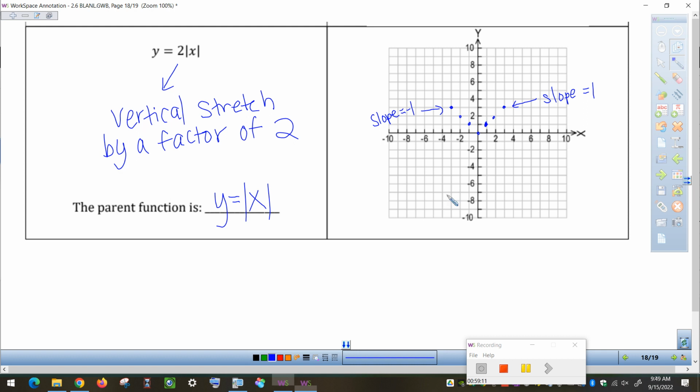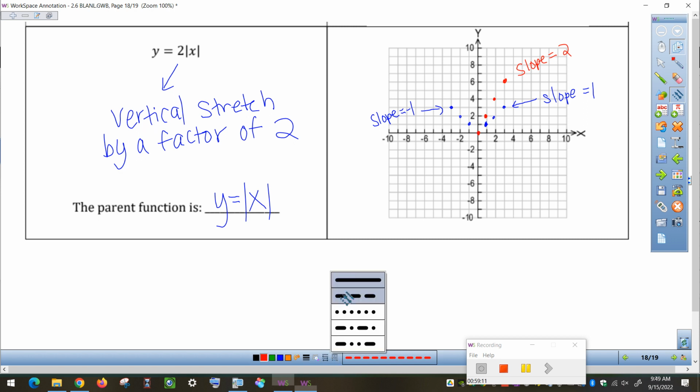So let's see if we can do that here. We're still going to start with our starting point here at the origin, at 0, 0. Instead of going up 1 over 1, I'm going to go up 2 over 1. Up 2 over 1 until we've gotten a few points. All right, so we've got a slope of +2 on that side.